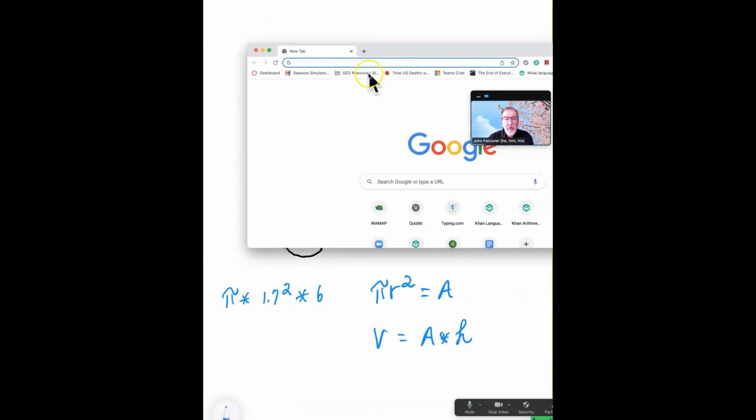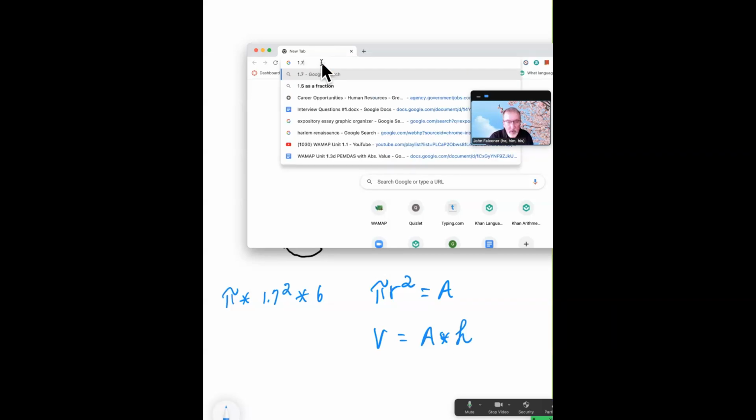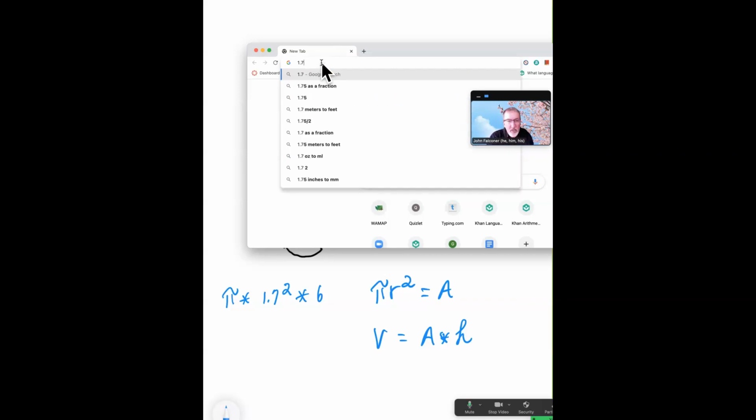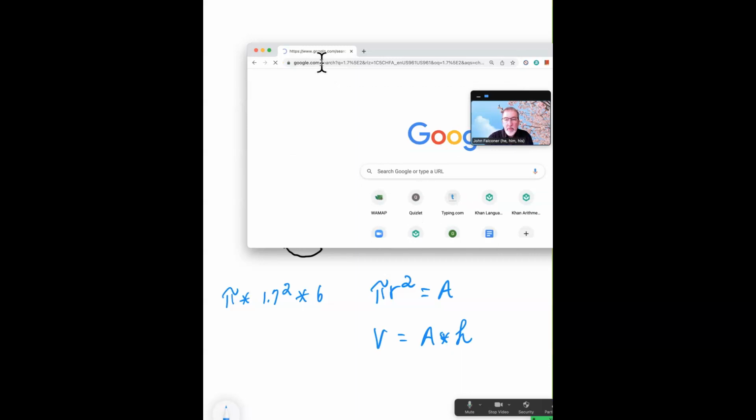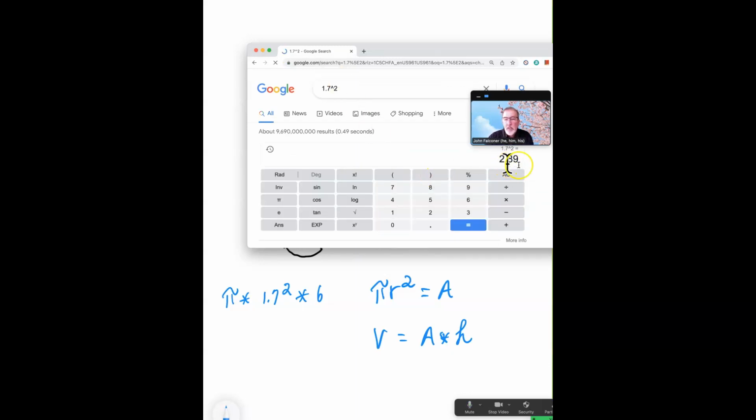So let's, my calculator is still broken, so I'm gonna do them up here. 1.7, so you can just tell your browser and then shift that caret key, an uppercase 6, and then a 2, and hit enter, and you'll get 2.89. So now we have pi times 2.89 times 6.